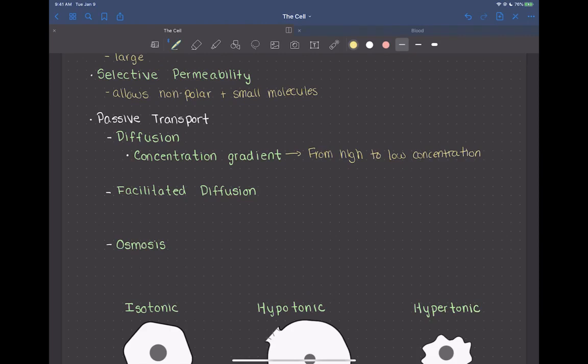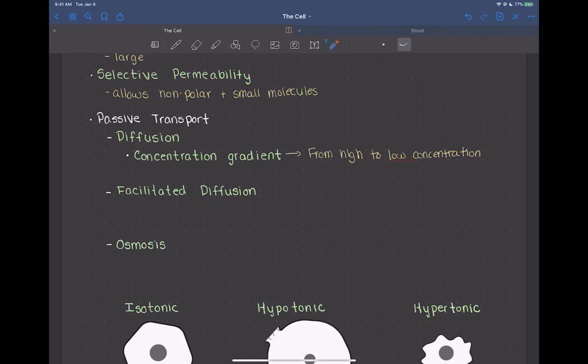Another good example would be if you have a water balloon. You poke a hole in that water balloon, and that water is automatically going to start leaving the balloon because it's going from where there's a lot of water on the inside of the balloon to where there's less on the outside. That is moving along its concentration gradient, from high concentration inside of the water balloon to low outside.